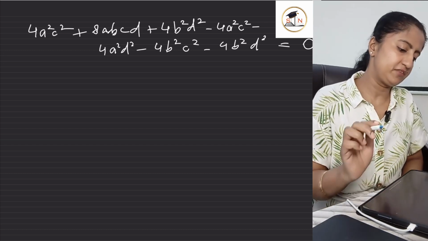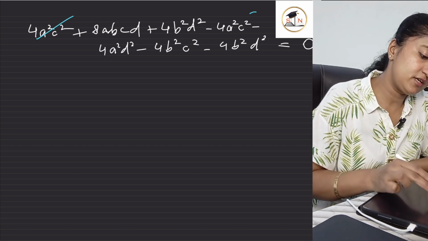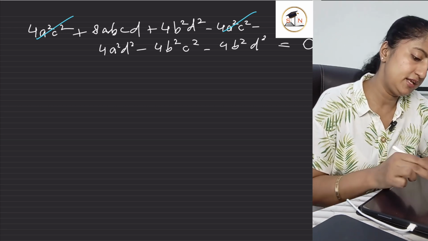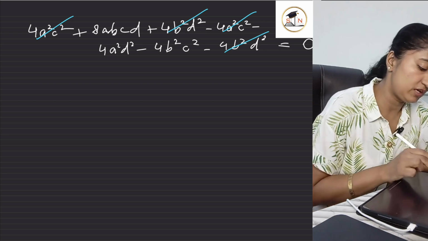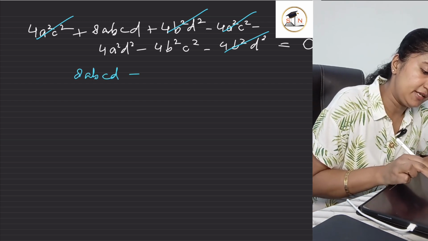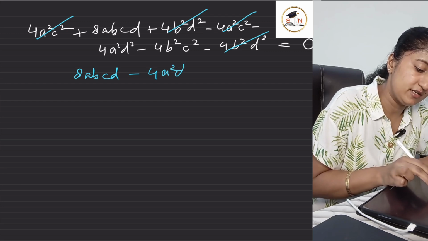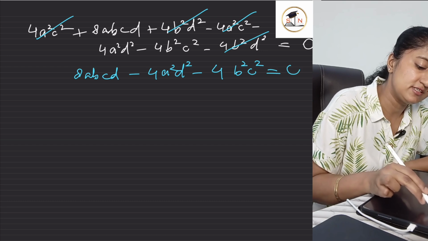So what are we getting? See, we can cancel out things. A square c square positive negative, then b square d square positive negative, right? What are we left with? 8a b c d minus 4 a square d square minus 4 b square c square equals 0.